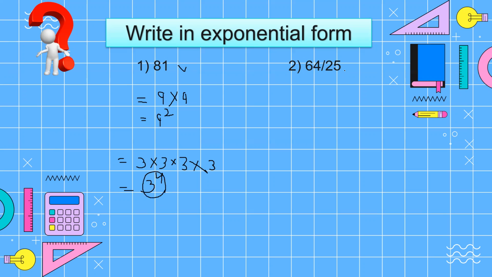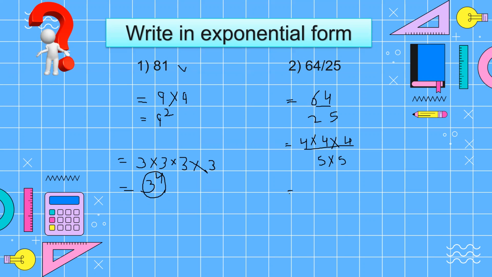Now let's see how to write 64 upon 25 in exponential form. Now our number is 64 divided by 25. So here again you see the factors of 64, we can take 4 multiplied by 4, 4 fours are 16, and 16 fours are 64, divided by 5 cross 5, which is 25.